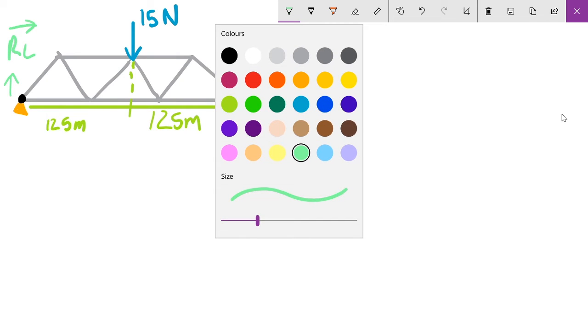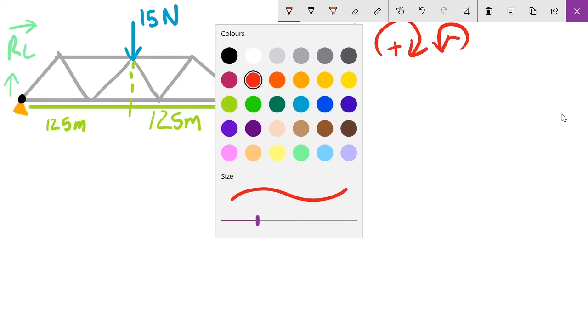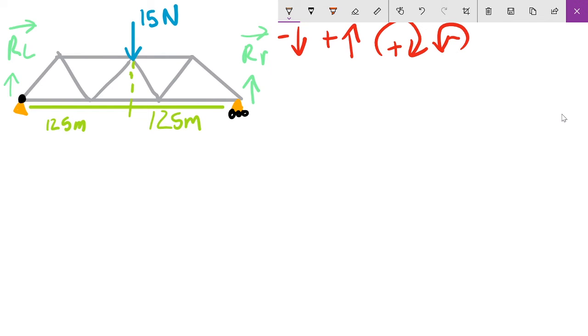So let's get our directions out. Let's say that pointing down is negative, pointing up is positive, and if the moment is clockwise, then it's positive, and negative if it's anti-clockwise. Now let's write this equation down.